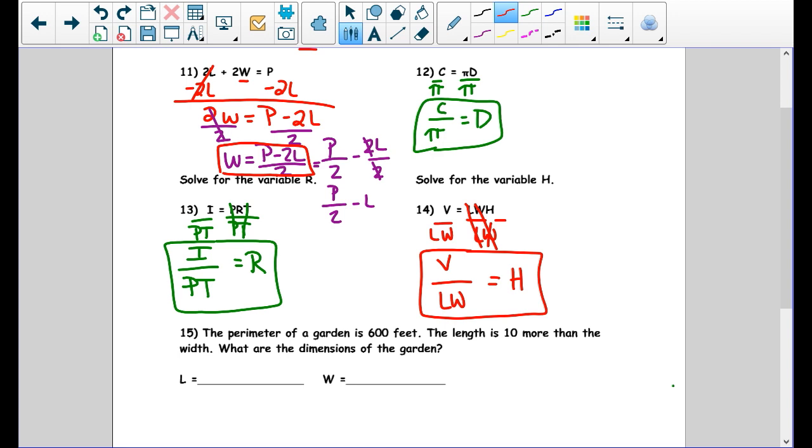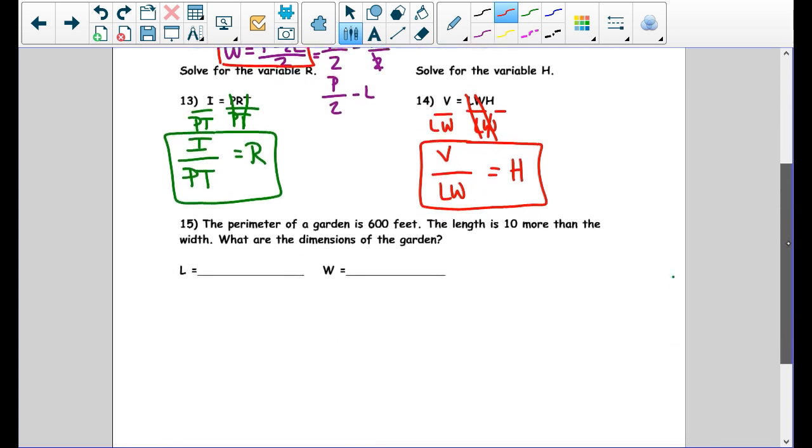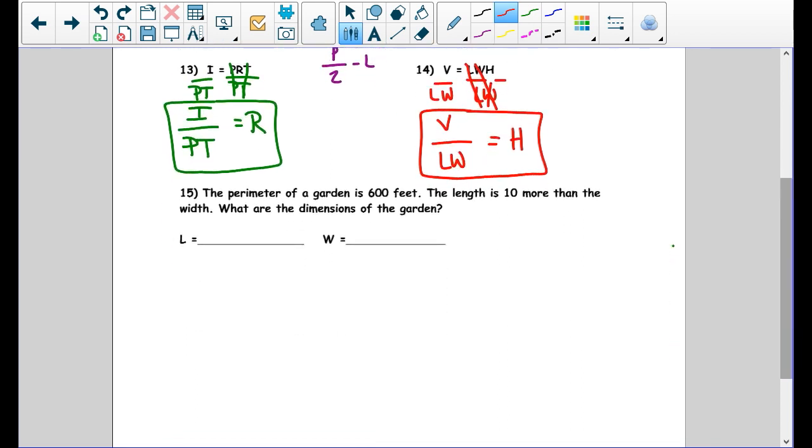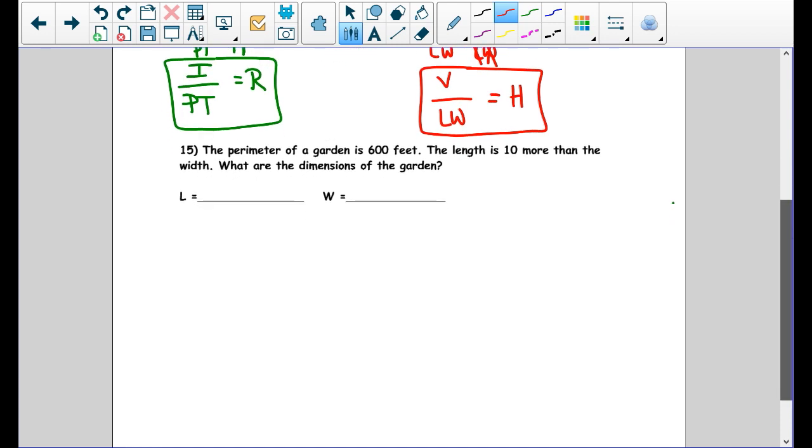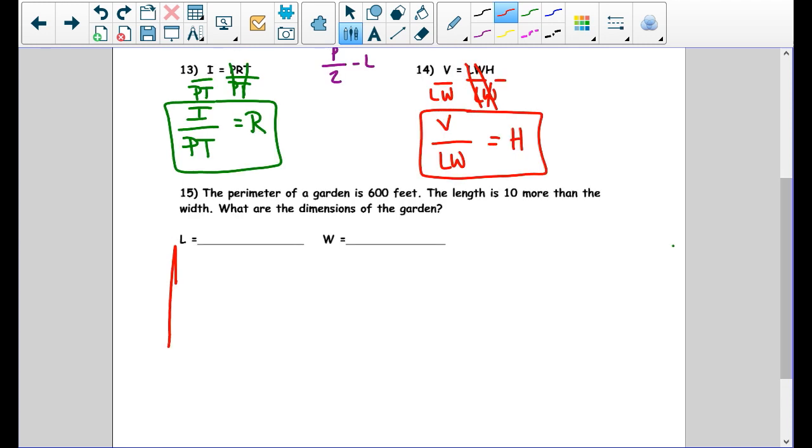Alright, one more problem here, a little word type problem. It says the perimeter of a garden is 600 feet. The length is 10 more than the width. What are the dimensions of the garden? So, how do I calculate perimeter? So I have a garden. It's just a rectangle, right?